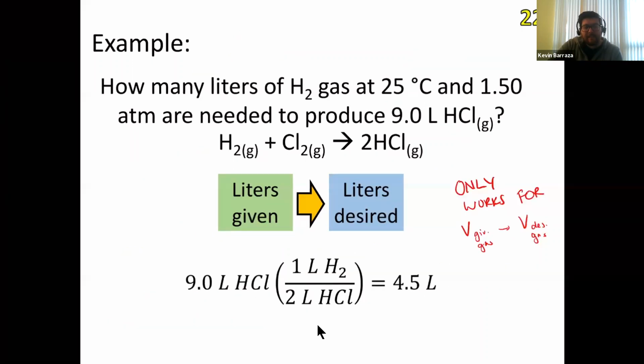But what I'm saying is that for very special circumstances, we can really shorten our work. And that's under the conditions where I have a volume of given gas and I desire the volume of desired gas. Then these become really nice volume to volume conversion factors.